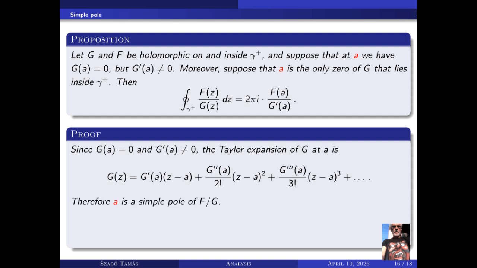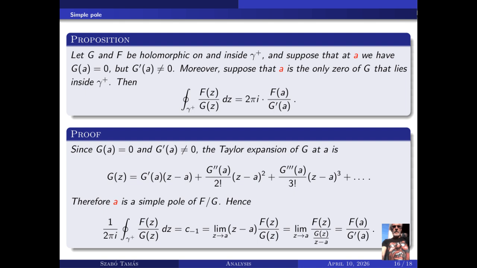So a is a simple pole of f/g. Therefore, 1/(2πi) times the contour integral over γ^+ of f(z)/g(z) dz equals c_{−1}, which equals the limit as z tends to a of (z − a) f(z)/g(z), which equals the limit as z tends to a of f(z) divided by g(z)/(z − a), and this equals f(a)/g′(a).